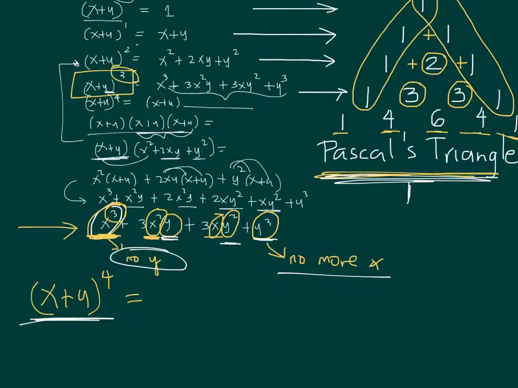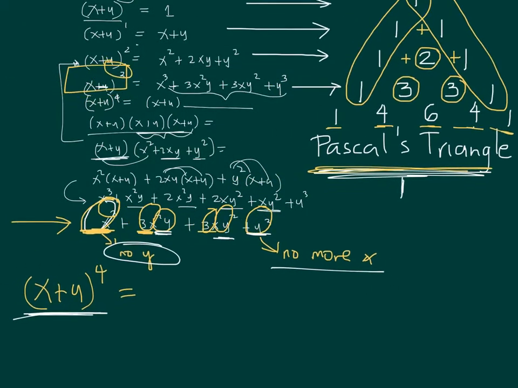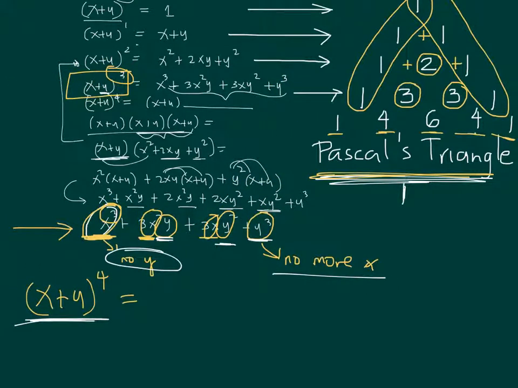Okay, now combining these ideas to expand x plus y to the 4, remember we can use the numbers in the Pascal's triangle for the coefficient. So we know that this will be 1, 4, 6, 4, and 1.